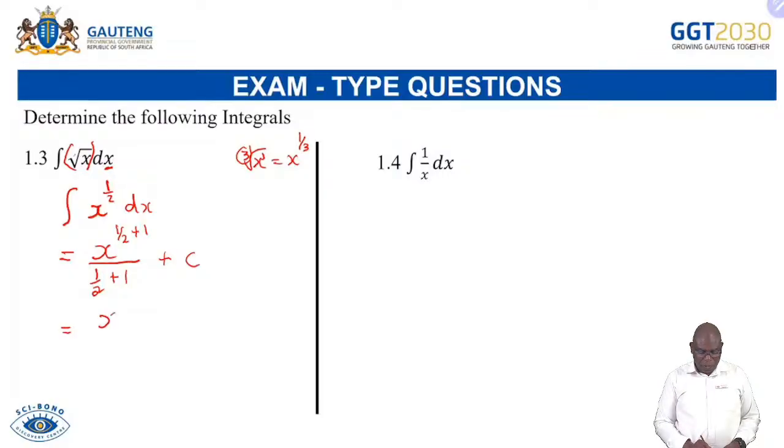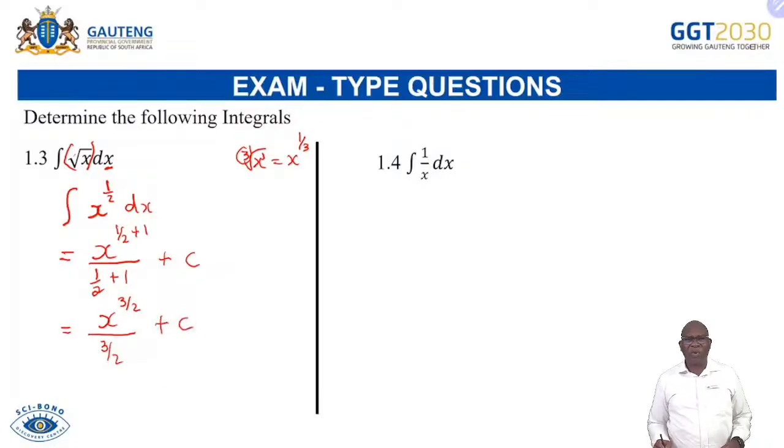So which means that x will be to the power of 3 over 2, and this is divided by the same thing there, 3 over 2, plus c. This doesn't look fine. That fraction 3 over 2 there, how can I work my magic here? I want to take it up there.